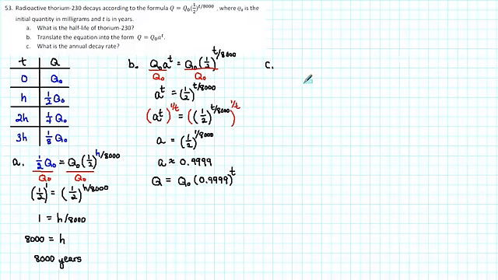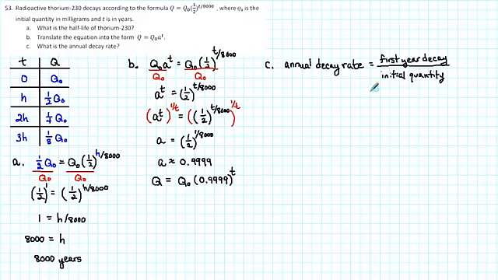For part C, we're asked, what is the annual decay rate? In order to determine the annual decay rate, we can determine the decay over the first year and divide by the initial quantity. To determine the first year decay, we take the initial amount and then subtract the amount after 1 year.